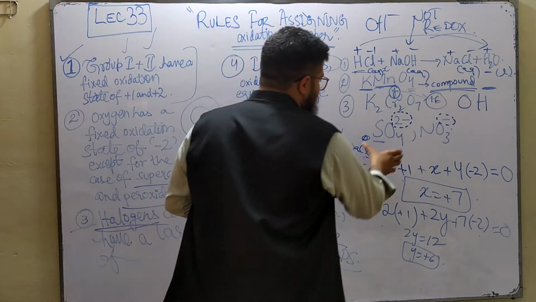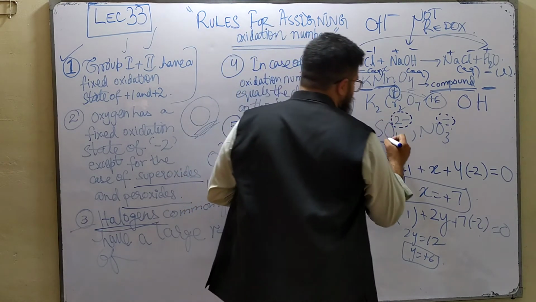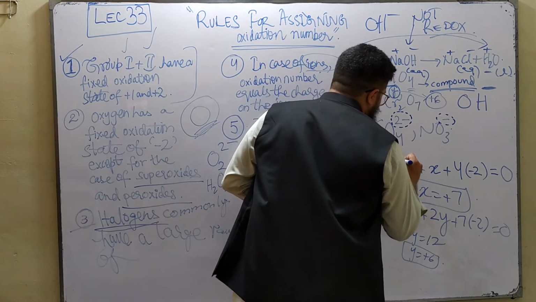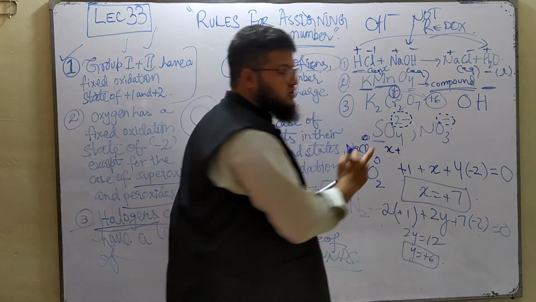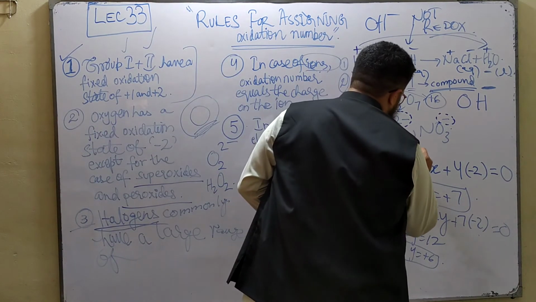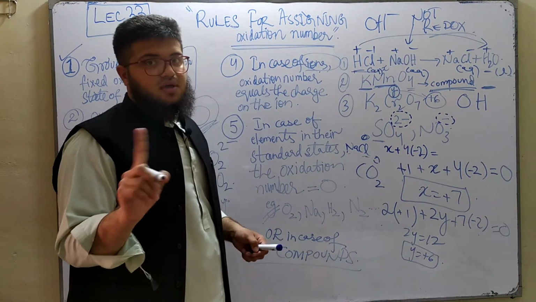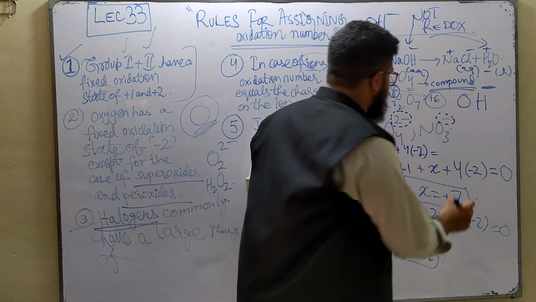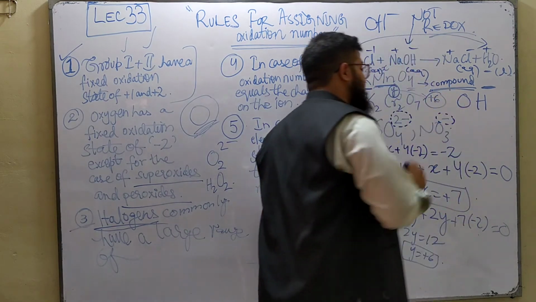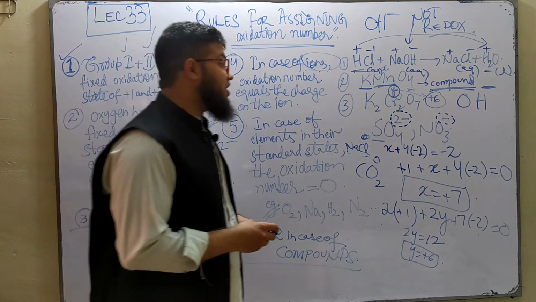So when you are calculating the oxidation number of sulfur, let's assume it to be X. X is added to 4 atoms of oxygen, each atom of oxygen has a charge of -2. So you multiply the 4 by -2 and equate it not to 0 this time. You equate it to -2 because its overall charge is -2. It's the overall charge that we are supposed to equate it to.